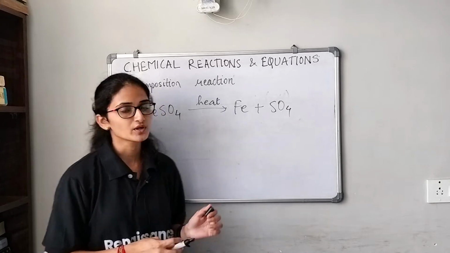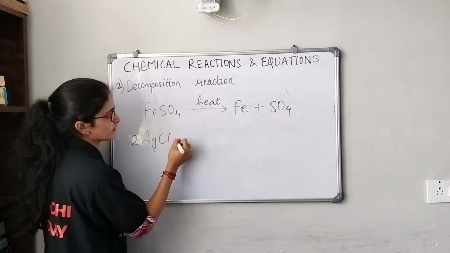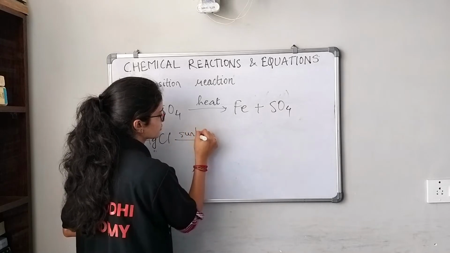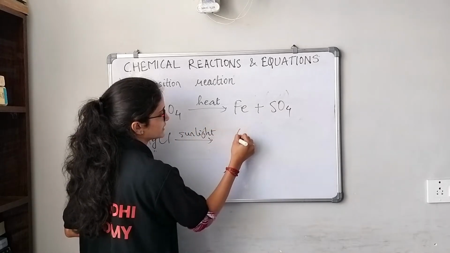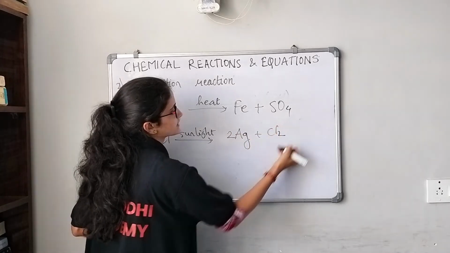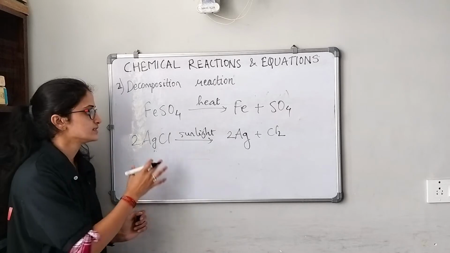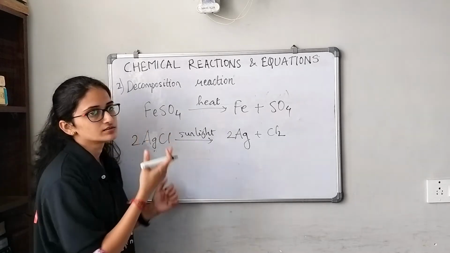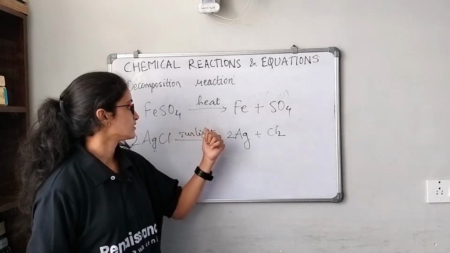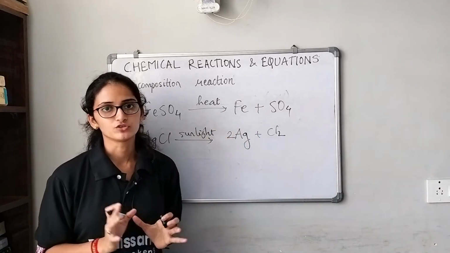This happens because silver chloride, in the presence of sunlight, turns into Ag and Cl2. So this is also a decomposition reaction, meaning silver chloride in the presence of sunlight gives silver and chlorine individually.